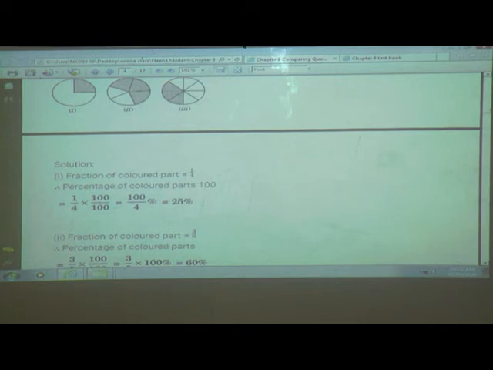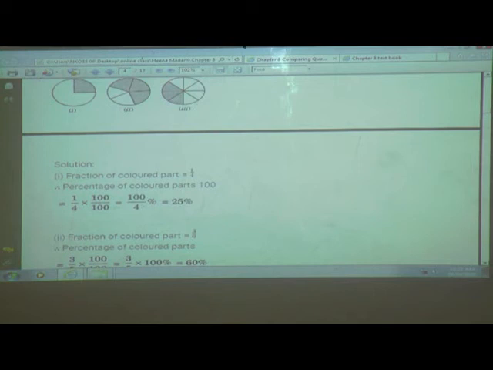So it is 1/4. Therefore the percentage of colored parts is out of 100, the word percentage itself says it should be out of 100. So what we do is 1/4 multiplied by 100, which is nothing but 100/4.